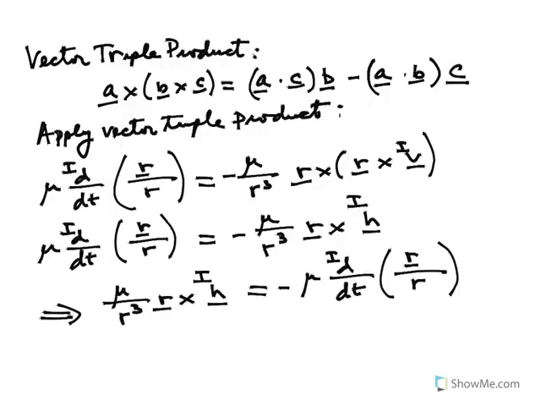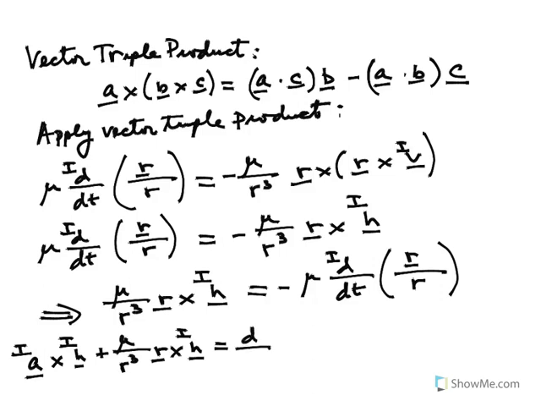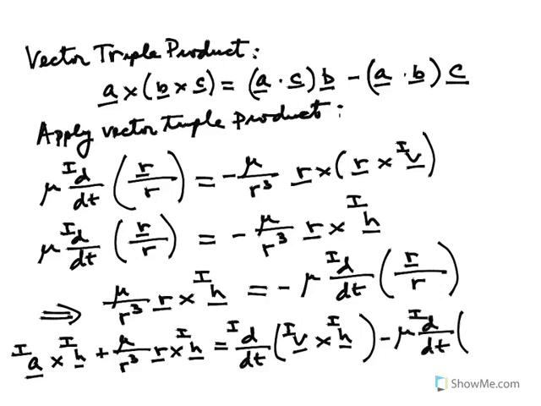So what we wind up with is AI crossed with HI plus mu over r cubed times r crossed with HI is equal to d dt in I of vi crossed with hi, that's the first term, minus mu times d dt in I of the position divided by the radius.